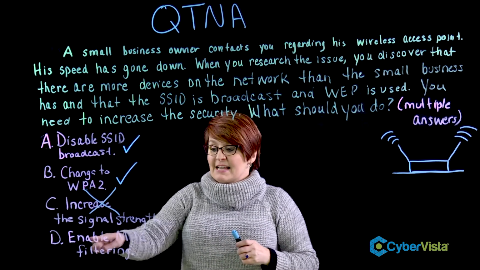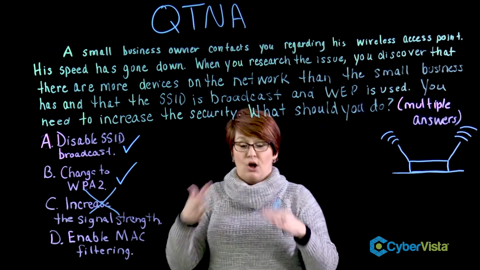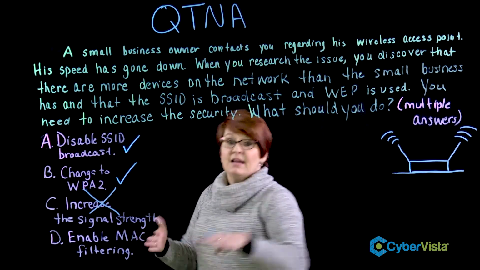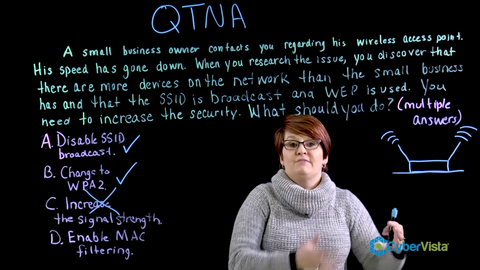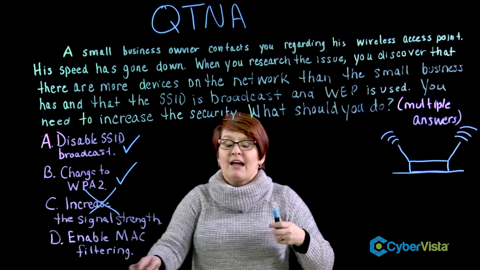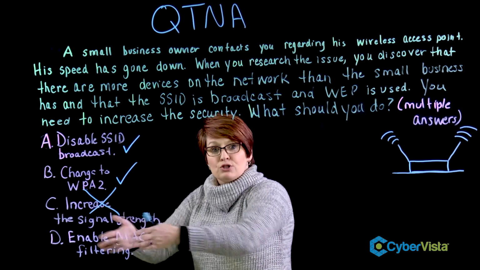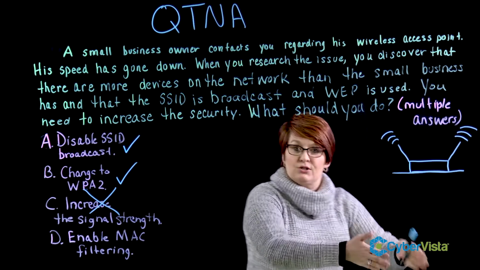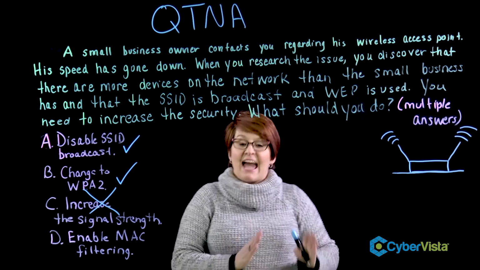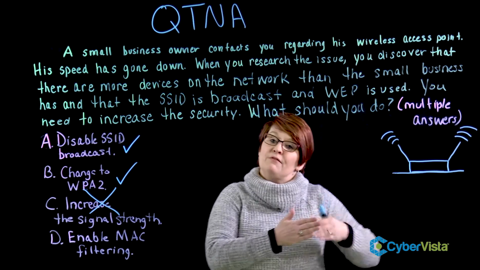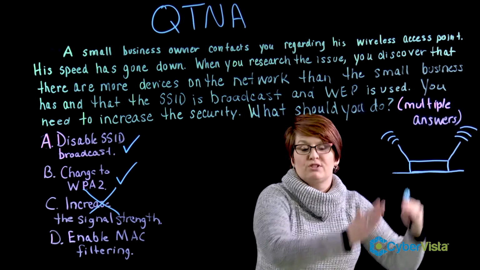This last one is enable MAC filtering. As most of you should know, all of the devices on your network have a MAC address, and that is an address that is hardwired into that device. If you enable MAC filtering, you can do one of two things. You can either allow certain devices or deny certain devices. Now, if you deny certain devices, you have to actually know the MAC address of the people that are trying to get into your network that you do not want to connect.